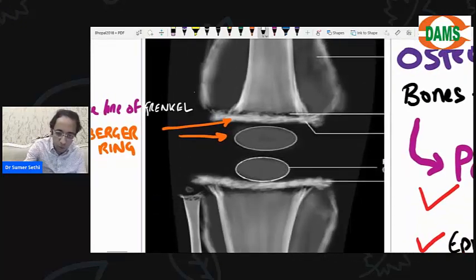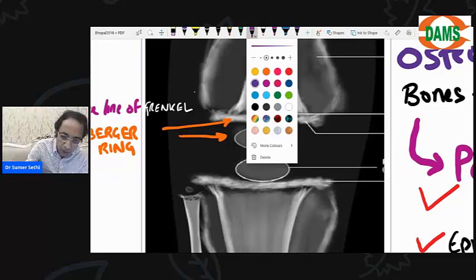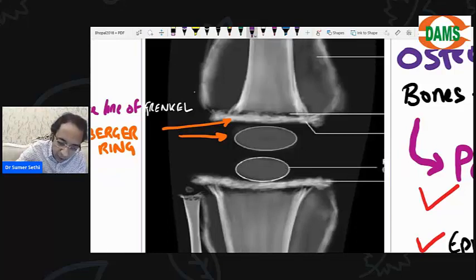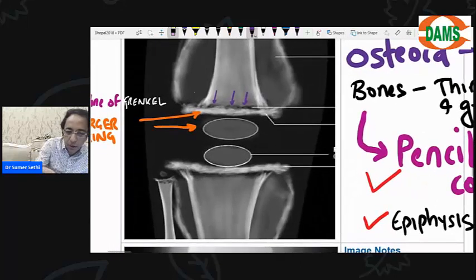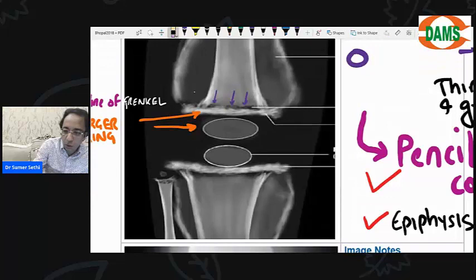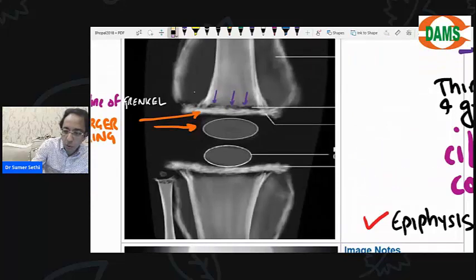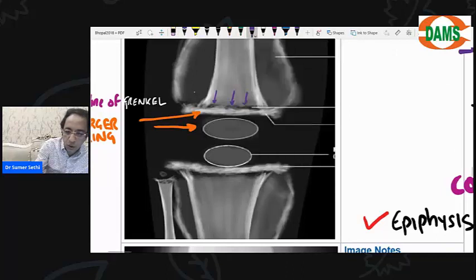And also see now, just distal to the white line of Frankel, can you see there is a darker zone? This dark zone is called the scorbutic zone, scurvy wala zone, or we will call it Trummerfeld zone.